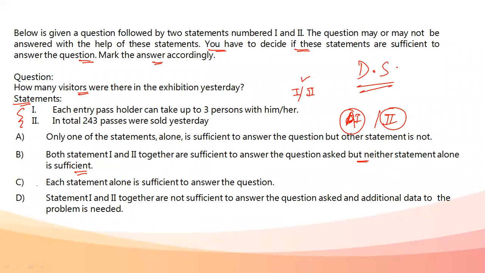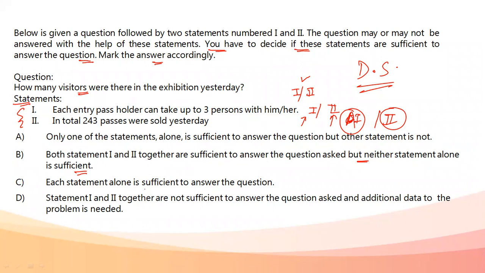Now, option C says each statement alone is sufficient to answer the question. Now, option A and option C, these are very different. Option A states only one of the statement alone is sufficient to answer the question. That means some information is there in one, which is not there in second, and I can answer using only one. Or some is there in two, which is not there in first, and I can answer using only second.